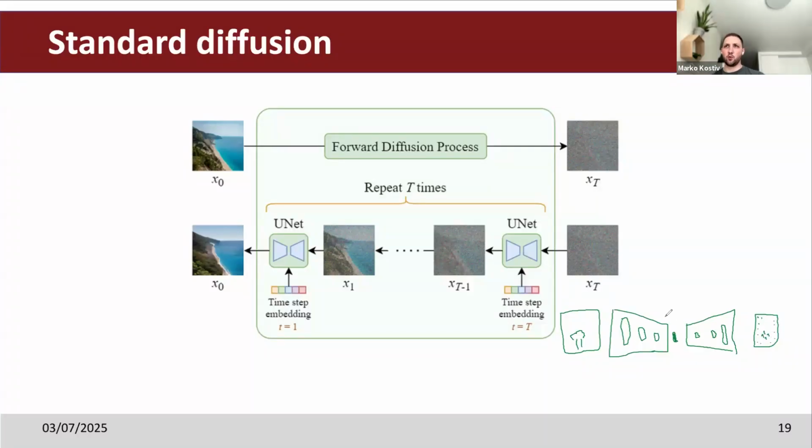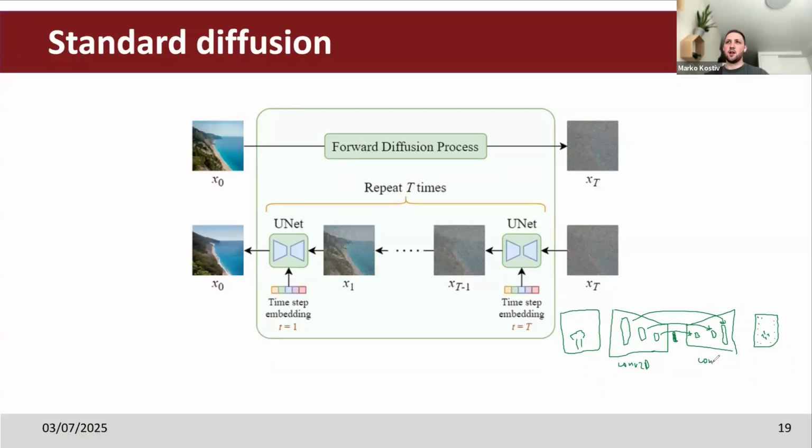And the encoder-decoder network was not something new. But what they did, they basically added skip connections like they do in the ResNet from every convolution to its counterpart. And here they were using the transpose convolution.